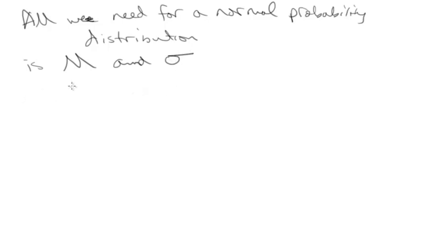Because if I know mu and I know sigma, I know everything I need to know about the shape of my distribution. So here's a question: why?